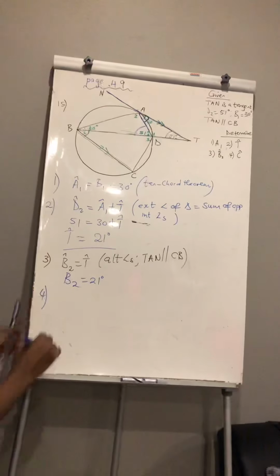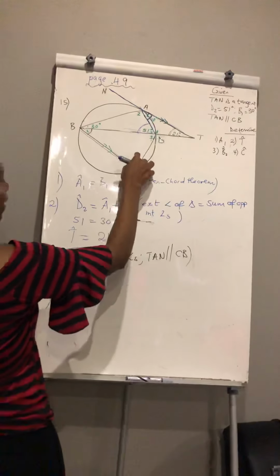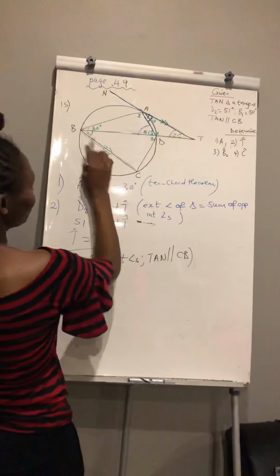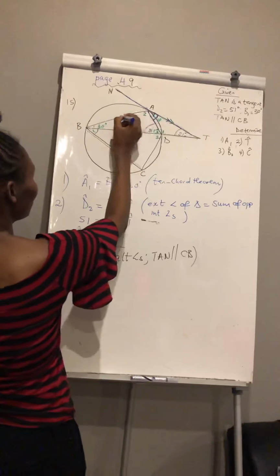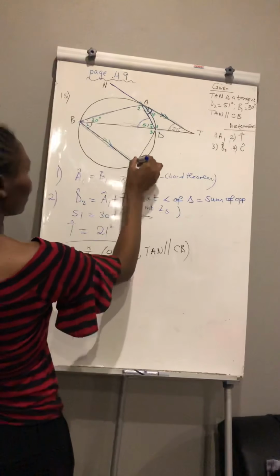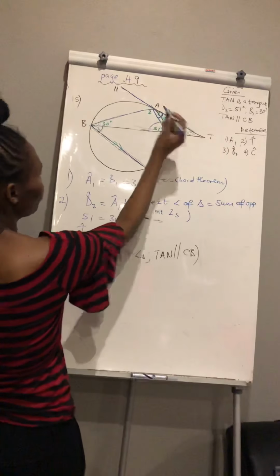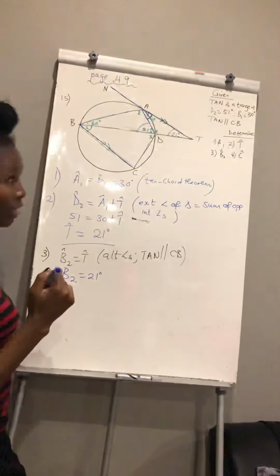Lastly, there is that number 4. We want to calculate C. C is just over here. It happens to be a part of either this triangle, or let's rather use the cyclic quad. The cyclic quad will work a bit faster for us, I should think. Here is our cyclic quad. As you can see, A and C will be opposite angles of a cyclic quad.